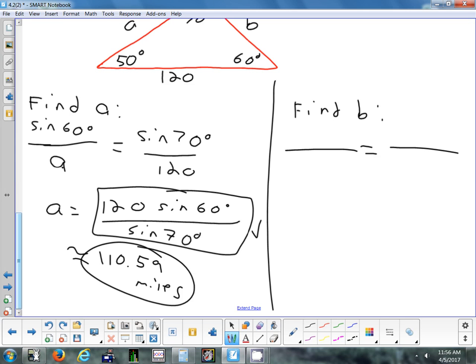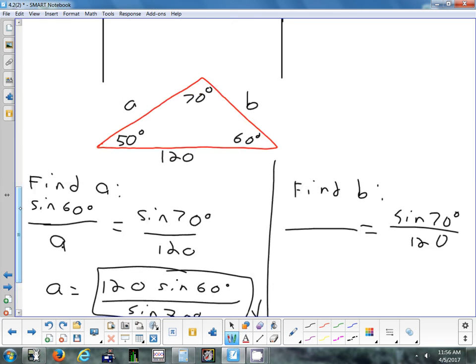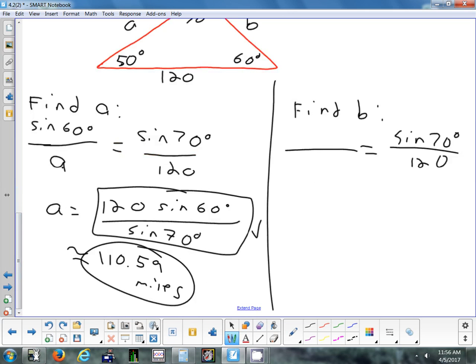Okay. And now what part of that are we going to reuse to find B? You're going to use sine 70 over 120. We're going to use that again, except now just pick the other angle and the other side. So sine 50 over B. And just to go through the cross multiplying again carefully, it's going to be 120 sine 50 equals B sine 70.